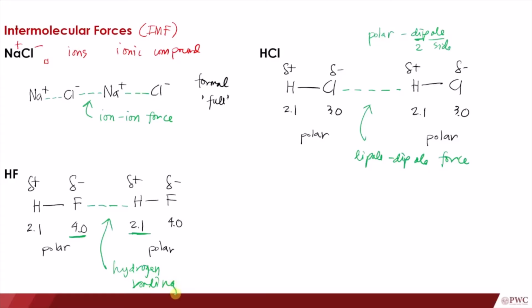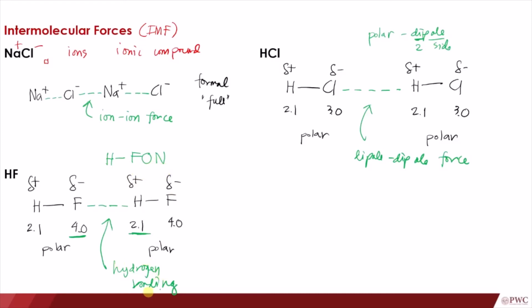Hydrogen bonding. So from its name, this includes the hydrogen. So it's just either bonded to fluorine or it can also be bonded to oxygen and nitrogen. So just remember this FON over here. So hydrogen bonding is formed when the hydrogen is attracted to either fluorine, oxygen, or nitrogen.